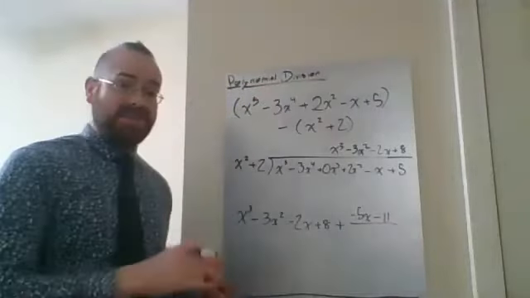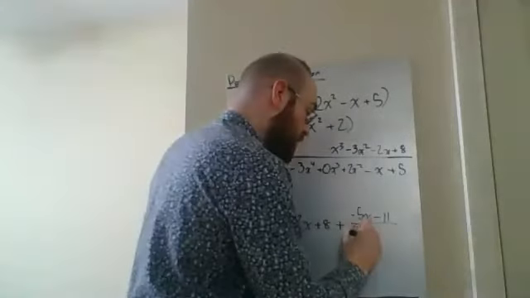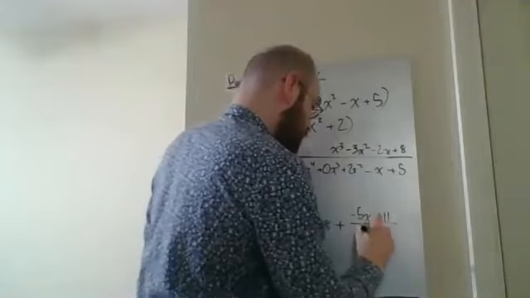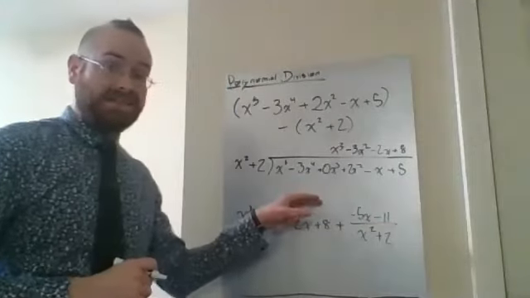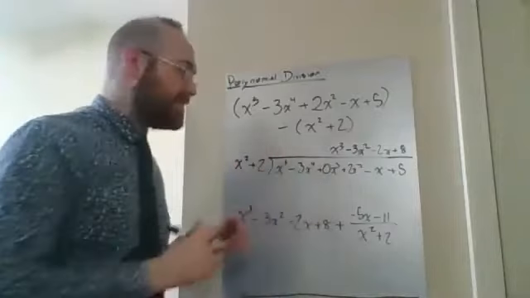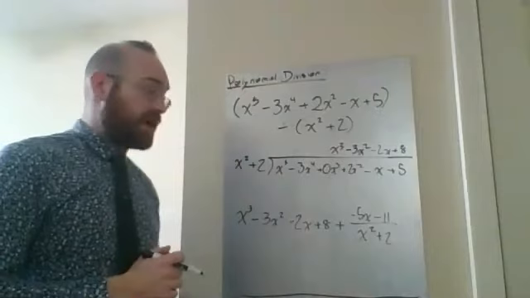So we're adding this, so we divide it by what we're dividing by, x squared plus 2. So it's what remained at the end, divided by what we were initially dividing by.